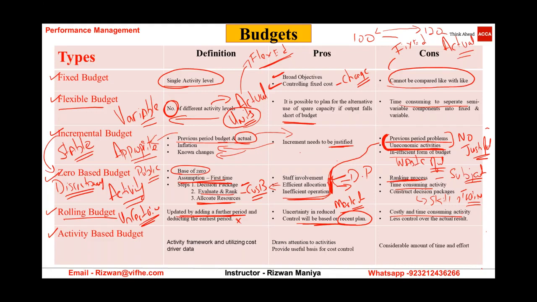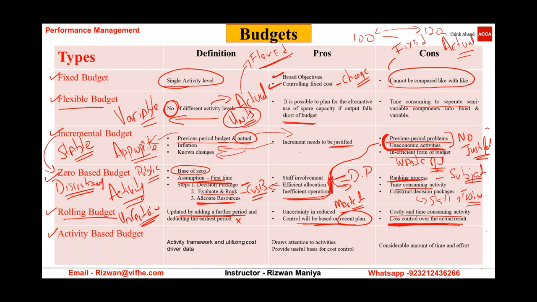It does require time, and it will be costly. And because of so much updating of the budget, they will have less time to control the actual results, because their major time is involved in preparing the budgets.